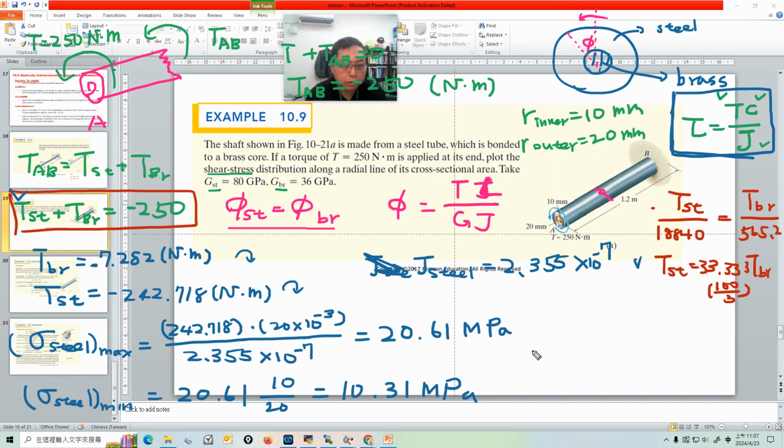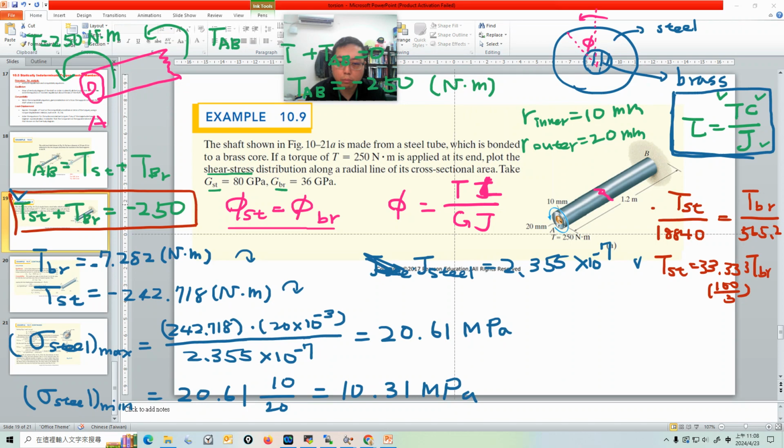And the max for the brass, because the maximum shear stress on the brass, the same thing, is on the outermost radius of the brass.